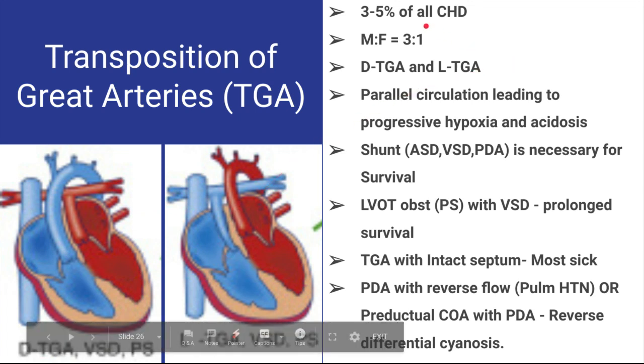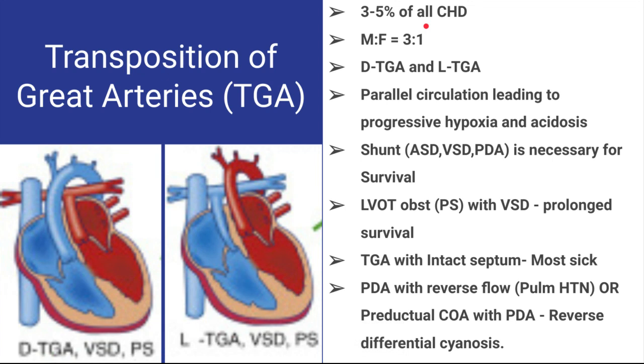So it is second most common cyanotic heart disease with male preponderance of 3 is to 1, 2 types DTGA and LTGA, and hemodynamics is of parallel circulation leading to progressive hypoxia and acidosis, and shunt is necessary for survival. So shunt at the level of atria, ventricle, or great arteries is necessary for mixing of the blood.